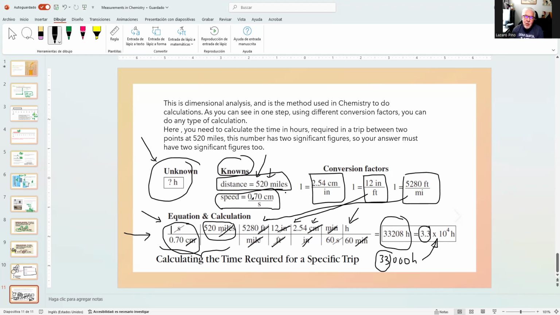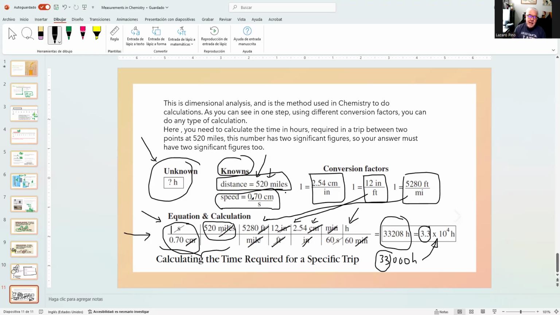Well, in the quiz, some students didn't use dimensional analysis. They made the operation in different steps. What happened? They made rounding ups in between, and then the final answer was not correct.